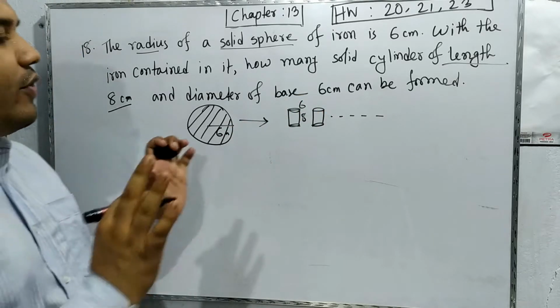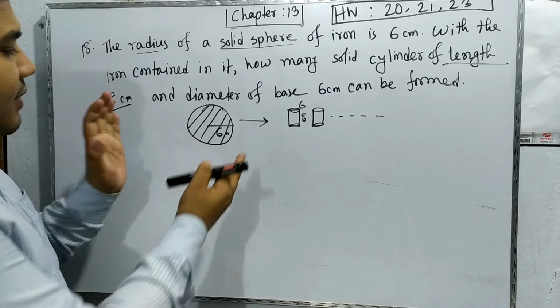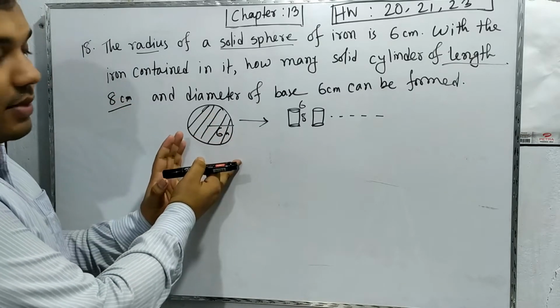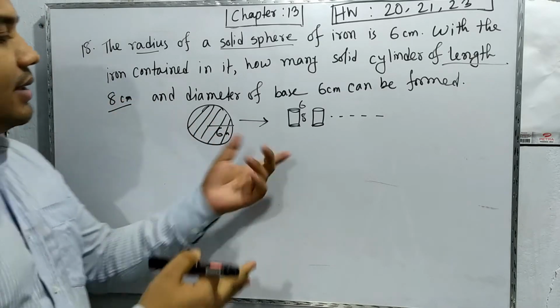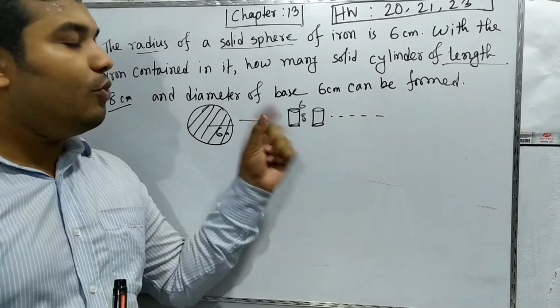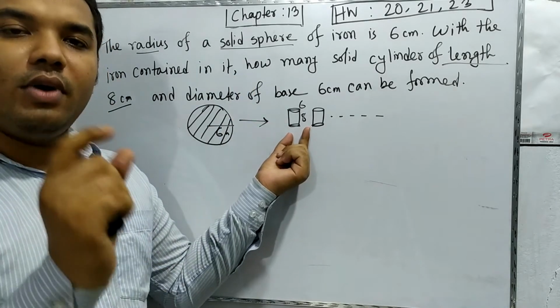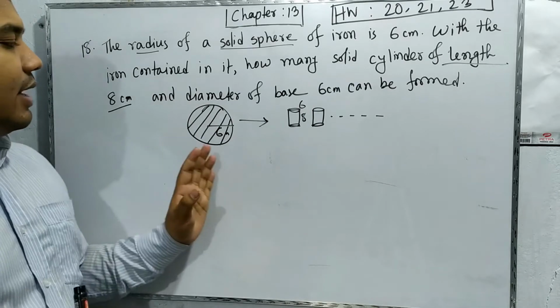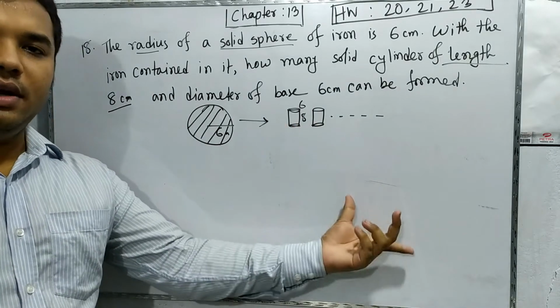So how can we solve these types of math? Just find the volume of this solid sphere, and find the volume of one cylinder. Then we will get the number of cylinders.